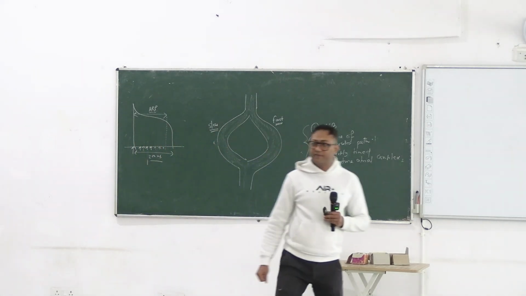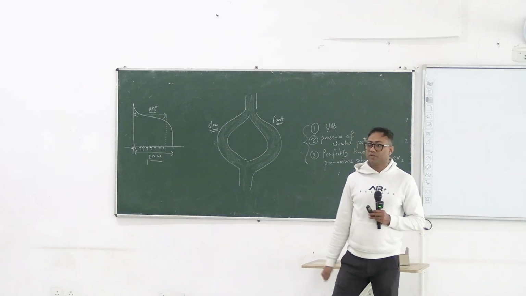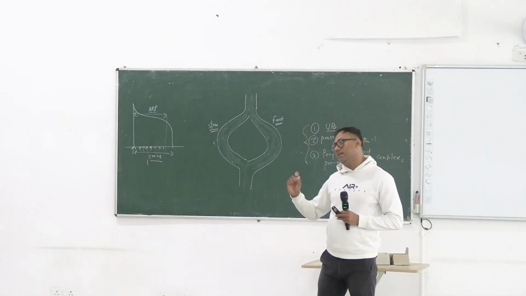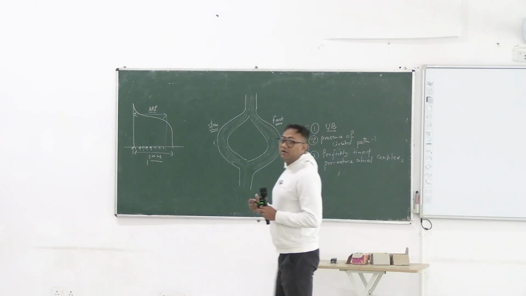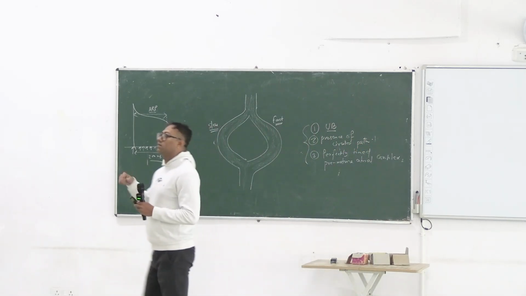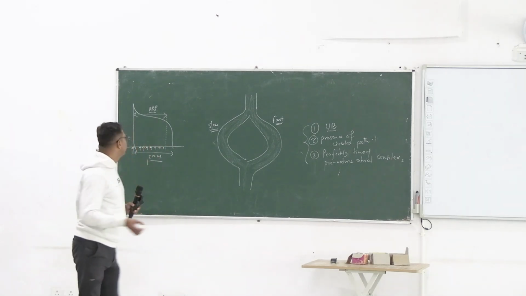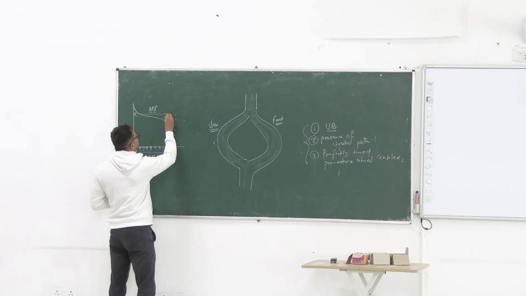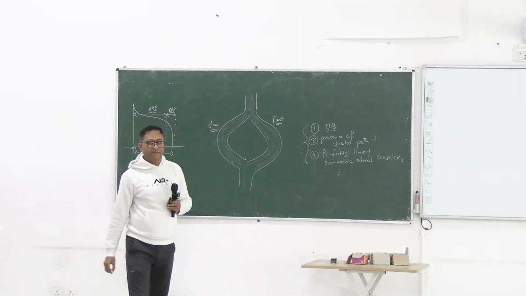During absolute refractory period the cell is not ready to take another action potential. After absolute refractory period the cell may take another action potential depending on the strength of the stimulus. If I apply a higher stimulus, the cell may take another action potential, right? May take another stimulus, right? So this is relative refractory period. Clear? This is relative refractory period.